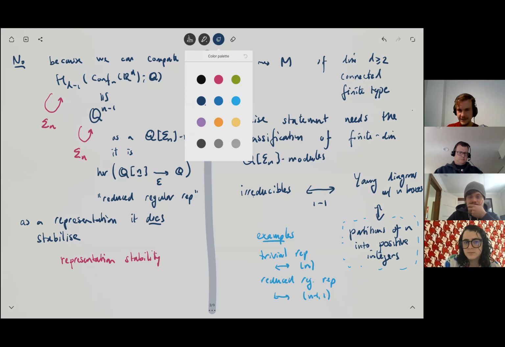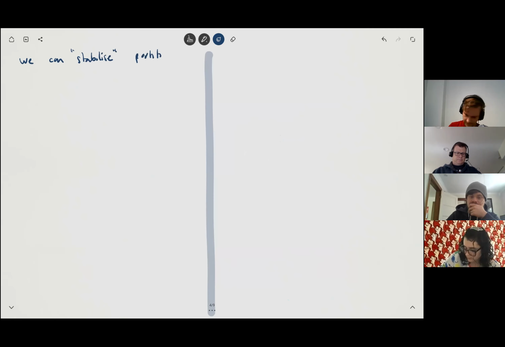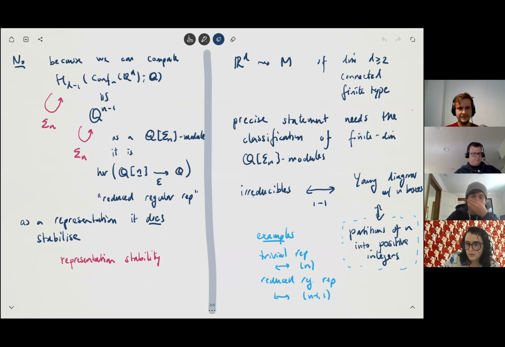The point of introducing this is that I can stabilize these partitions in a formal manner. So my partitions are lists of numbers that you're supposed to sum together to get n.